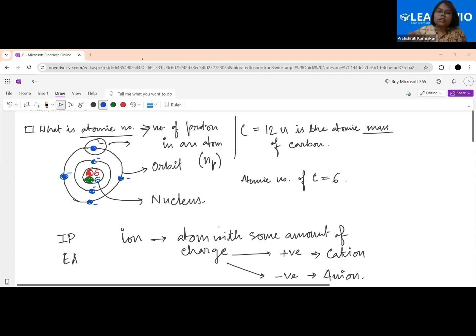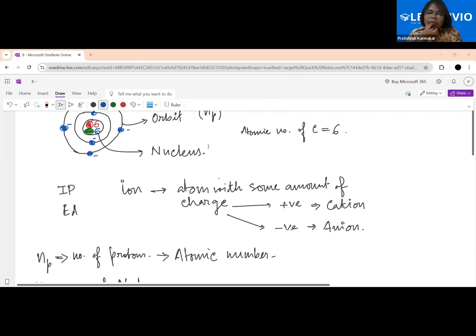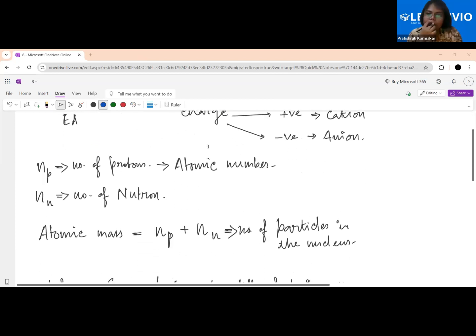So, do you know about these things, atomic number, atomic mass? Atomic number is basically we just count the protons present, and atomic mass means we count the protons as well as the neutrons. Okay, so that is what we are discussing as of now.